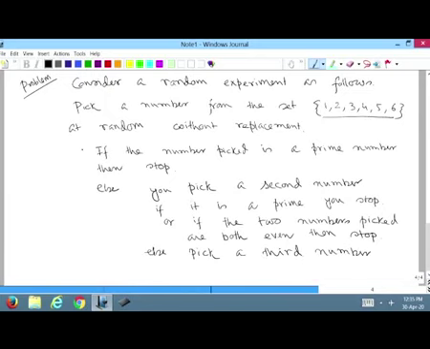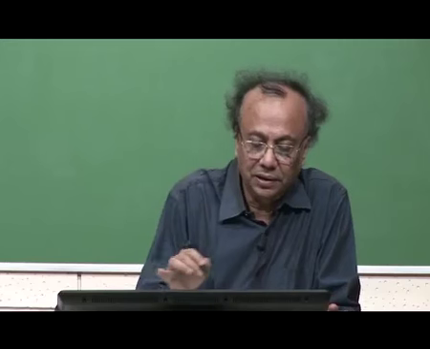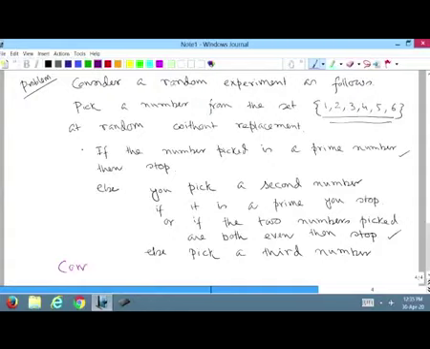That means, now there are only 4 elements in the set, because one has already been picked in the first attempt, one has already been picked in the second attempt. Now, out of the remaining 4 you pick a third number. So, this is the random experiment. The problem is to construct the sample space.